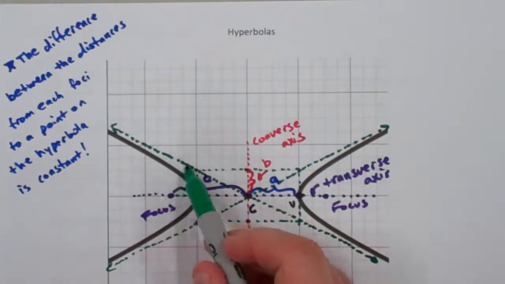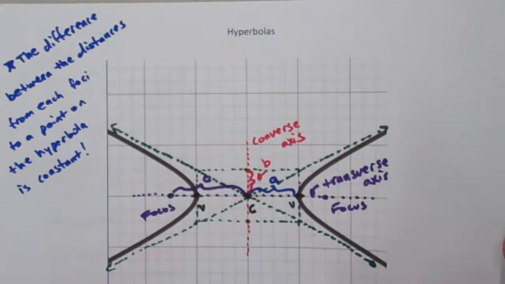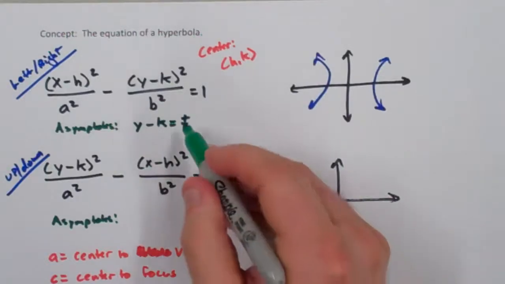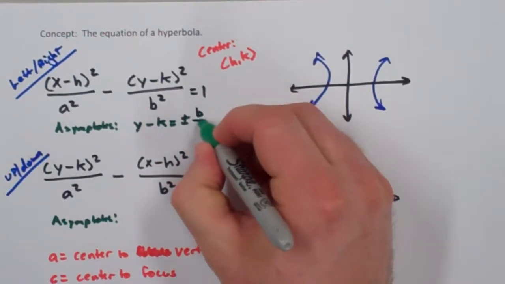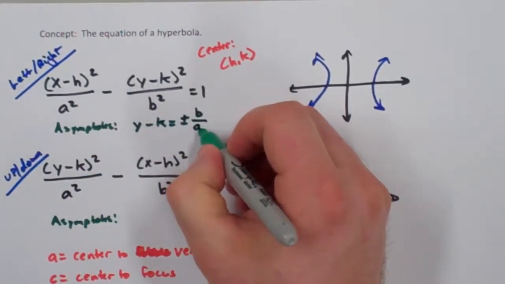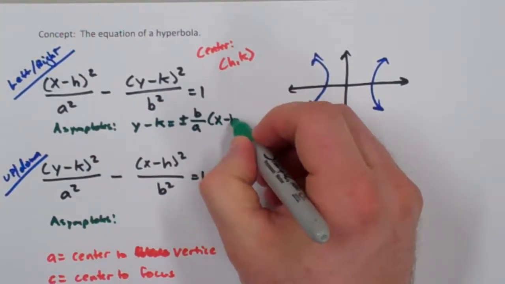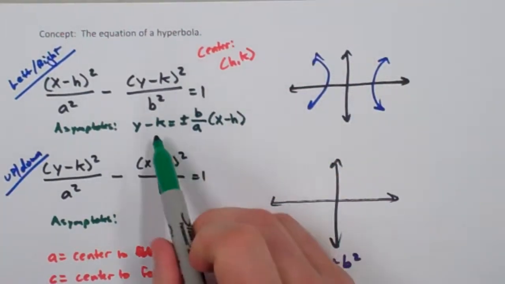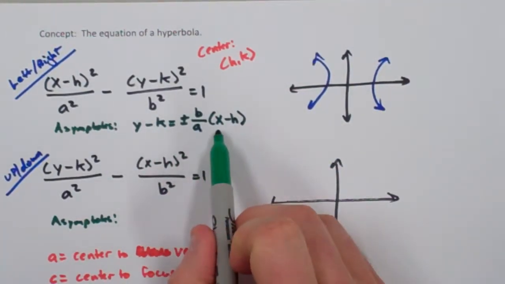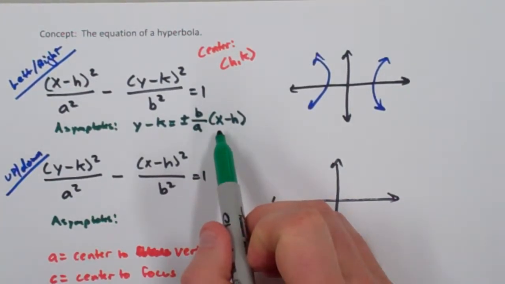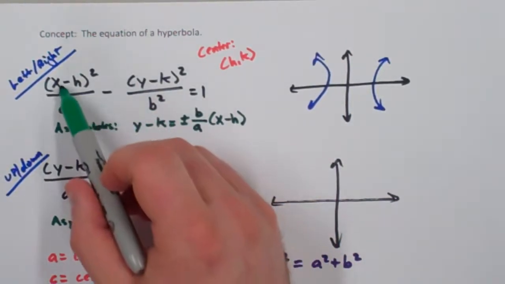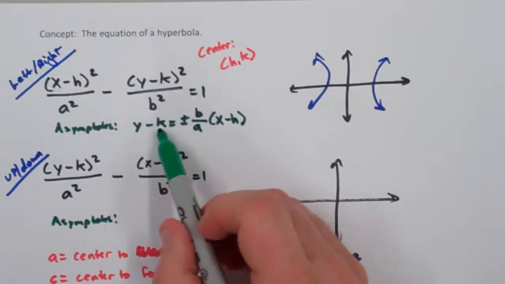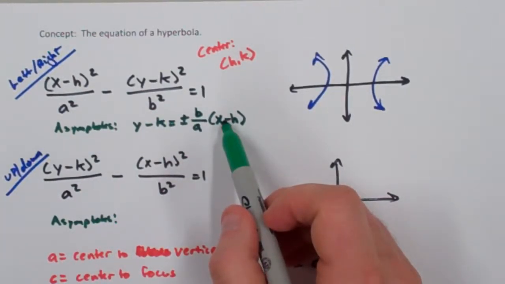These slopes right here were just exactly the opposite of one another, so it's going to be plus or minus. And in this case, the b is underneath the y. We want to do the change in y over the change in x, which is a, and that's going to be x minus h. So this is point-slope form of a linear equation, and an asymptote would just be a straight line, and the slope is b over a. Y minus k stays the same, and x minus h stays the same.